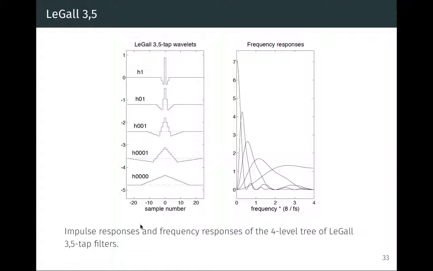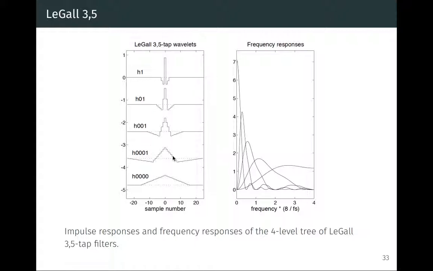And when you apply this and try to get the impulse responses for all the levels, this is what you get. Okay, so this is the shape of the wavelet, and you can see through the different levels, this is called the mother wavelet.